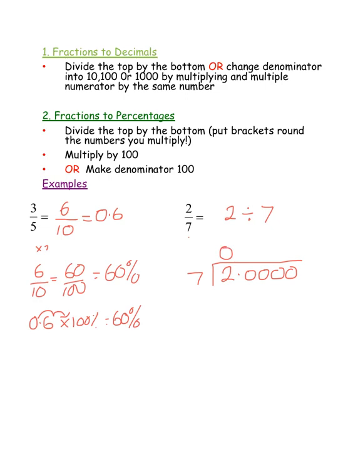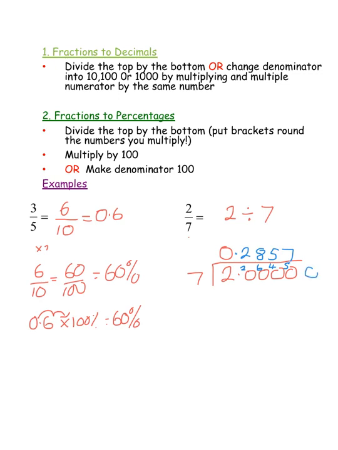I'm just going to change my ink colour here so it's clearer. 7 into 2 doesn't go, so I carry the 2 over to the first 0 after the decimal point. 7 into 20 goes twice, so 2 7s are 14, so that gives me a remainder of 6. 7 into 60 goes 8 times, 8 7s are 56, so that gives me a remainder of 4. 7 into 40 goes 5 times, because 7 5s are 35, so I have a remainder of 5. 7 into 50 goes 7 times, because 7 7s are 49.